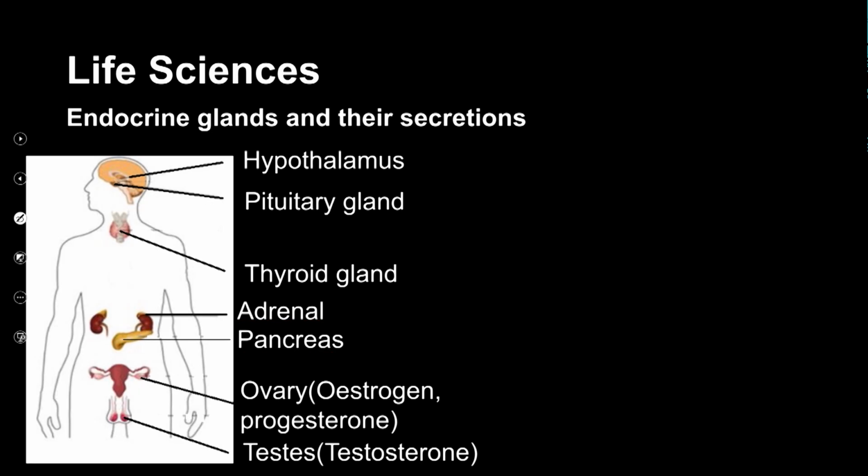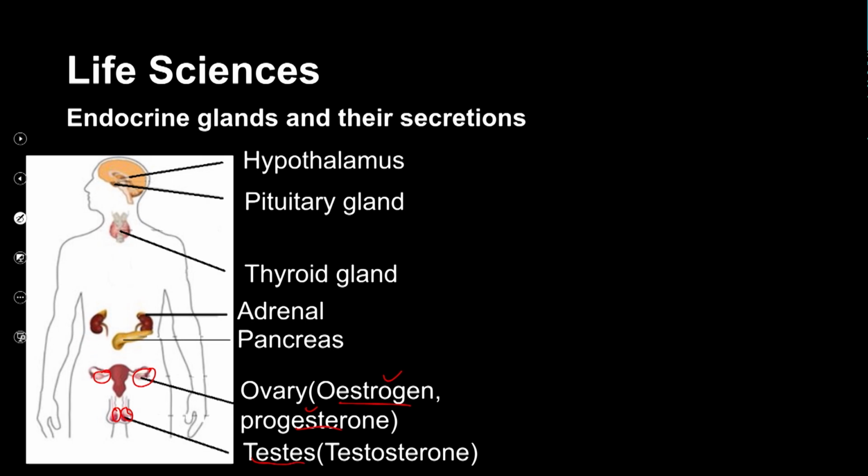And now we go to the bottom. We are now looking at the female glands here. These are the ovaries. The ovaries secrete 2 hormones, that is estrogen and progesterone. Then when we move to the males, we've got the testes here that are covered by the scrotum.